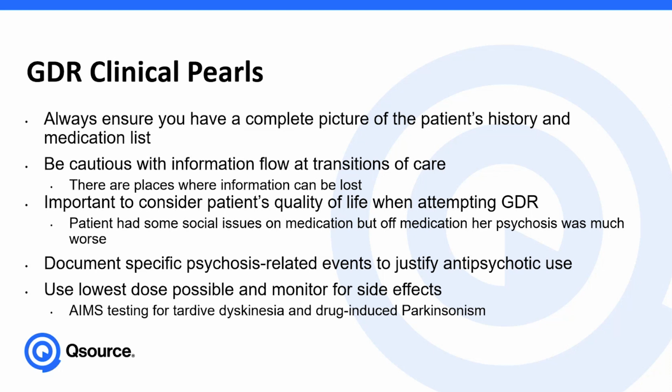And it's important to keep a close eye on the patient while you're doing these. You also want to document events so you can justify antipsychotic use, especially in those patients who might be on antipsychotics, don't have a specific indication, but maybe need to, and we just aren't able to do it because we're not doing good documentation. So we want to do lowest dose possible and monitor for side effects as much as we can. Next slide.